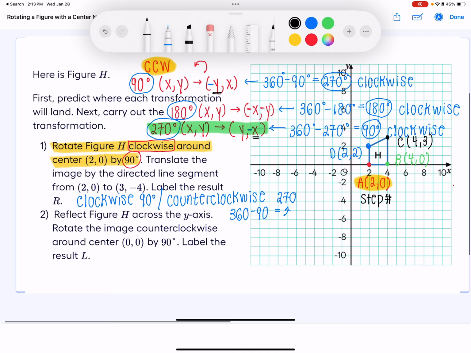Step number 1 is you're going to take the center of rotation and we're going to subtract that from the point.